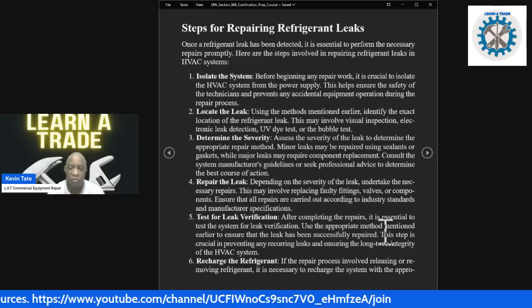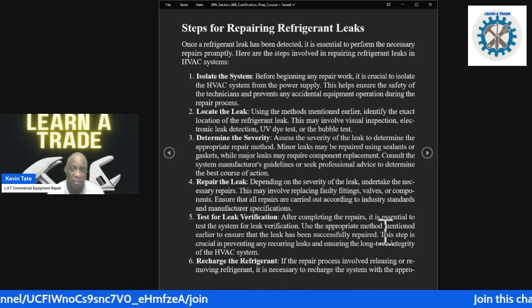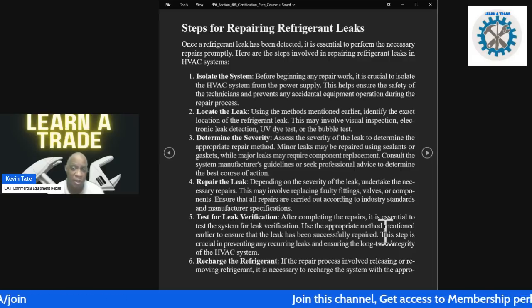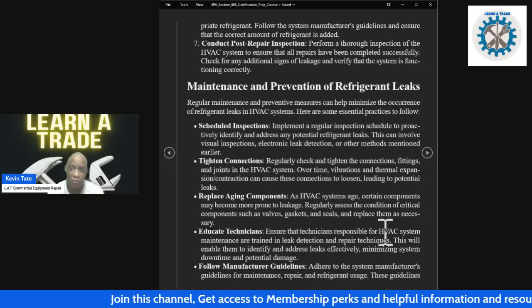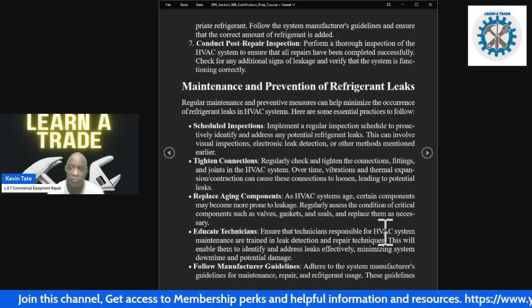I always mention using bubbles or using the electronic leak detector, stuff like that. They're going to go into steps for repairing refrigerant leaks, which is vital. Maintenance and prevention of refrigerant leaks.